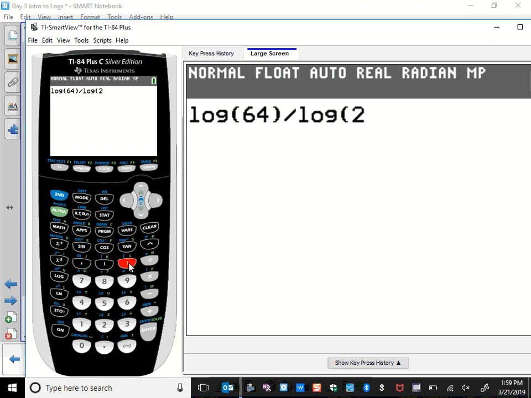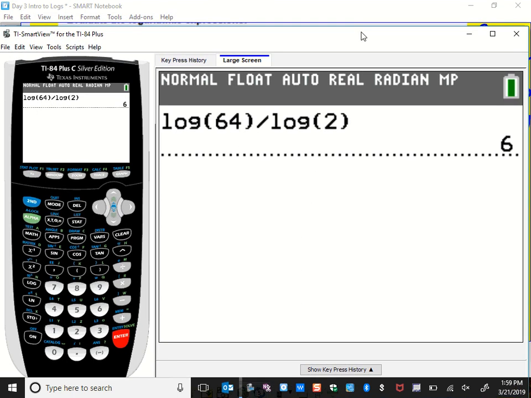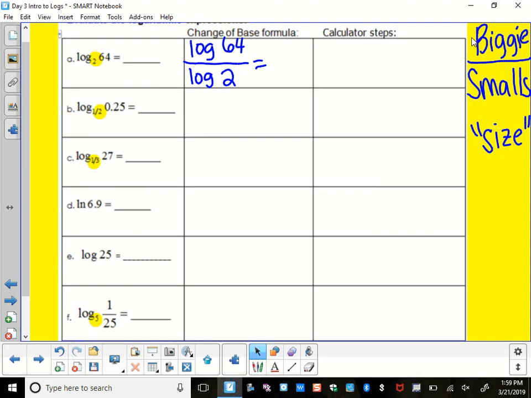What do you get? You should get 6. You guys get that? Okay. So my answer here is 6. We basically had to do that because your calculator, you just can't type this in as you see it.